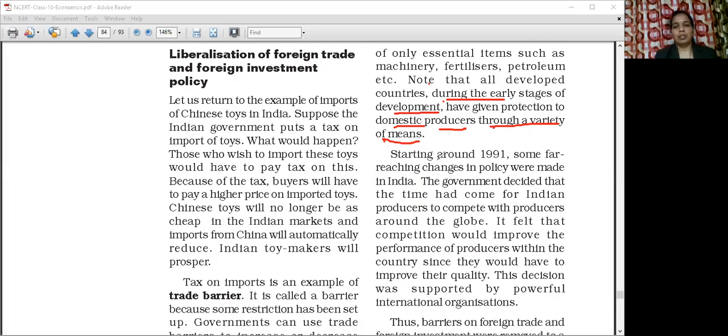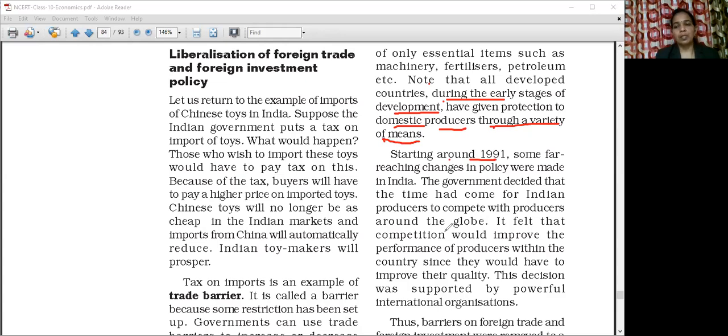The picture changed around 1991. Some far-reaching changes in policy were made in India. The government decided that the time had come for Indian producers to compete with producers around the globe. It was considered that Indian producers were now able to compete with foreign producers.